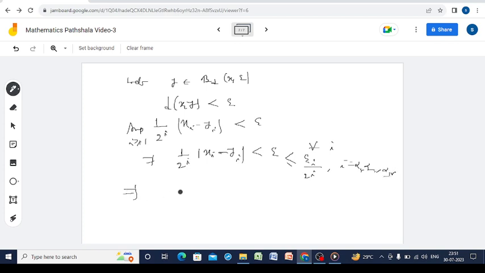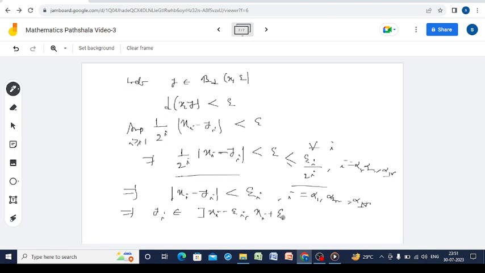So we get from this and this that mod x_i minus y_i is less than ε_i for i equal to α1, α2, ..., αn, and that means our y_i belongs to the open interval (x_i minus ε_i, x_i plus ε_i), and that is also a subset of U_i for i equal to α1, α2, up to αn.